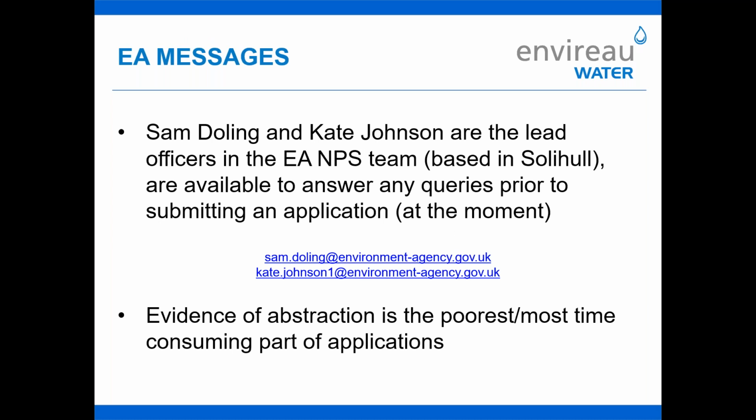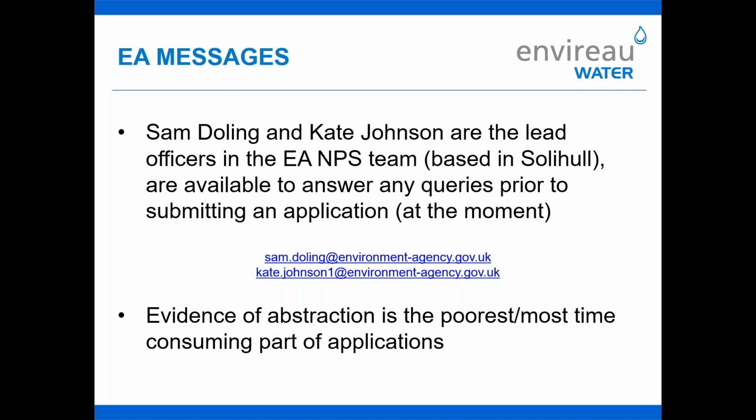A couple of messages from the Environment Agency on what their learnings have been over the last year. First really important thing is a couple of names for you. Sam Doling and Kate Johnson are lead officers in what's referred to as the National Permitting Service, who are the people that determine the licenses.